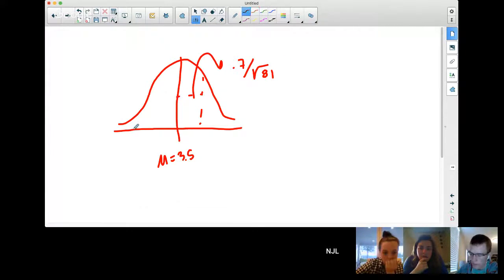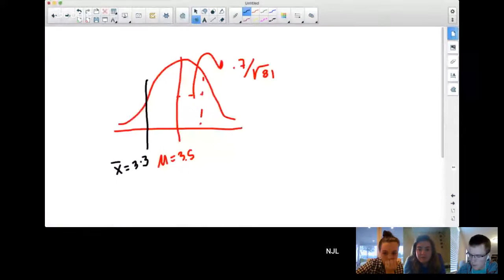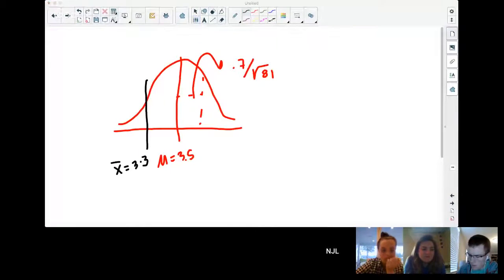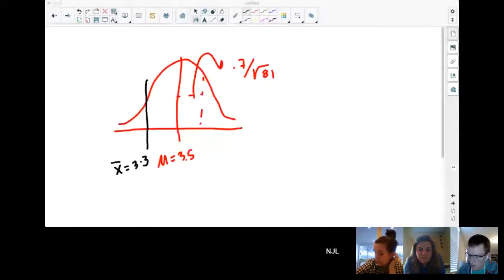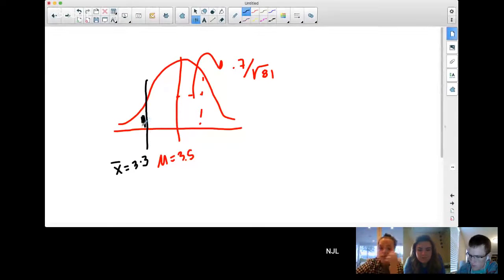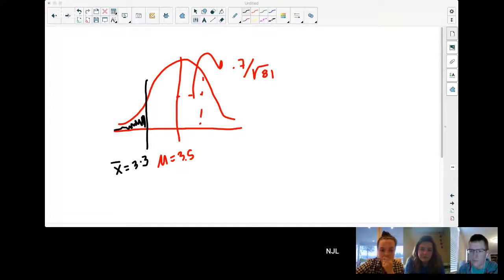Then they asked what's the probability that I'd get an average of 3.3 or less? Yes, less than 3.3. So this area. That's how I would draw it out. I take all the information and I just get it drawn out in my brain, because words are not my thing.